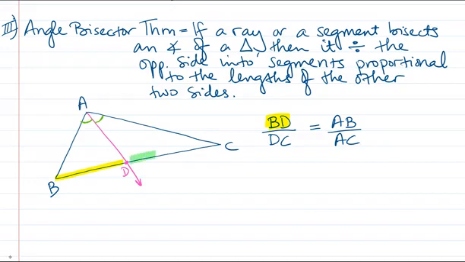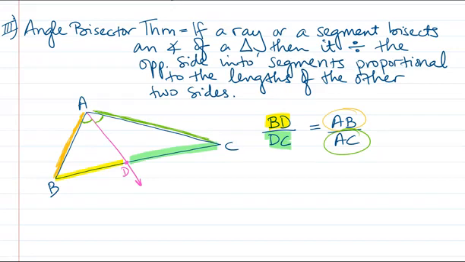The ratio of BD and DC is proportional to AB, which is right here, with AC, which is right here. All right, now it says proportional. So that means if you're given numbers for segments BD and DC, as well as AB and AC, and if you reduce those fractions, they would have the same scale factors.